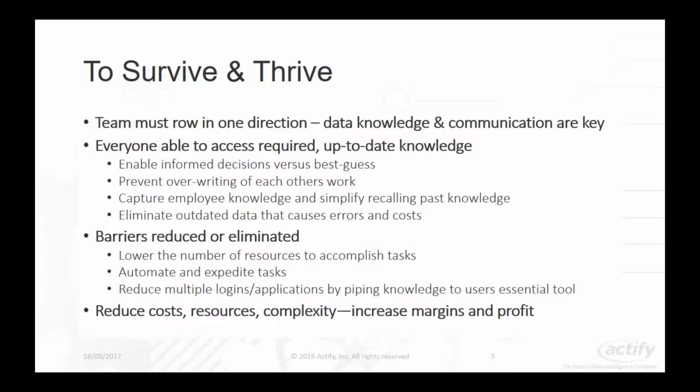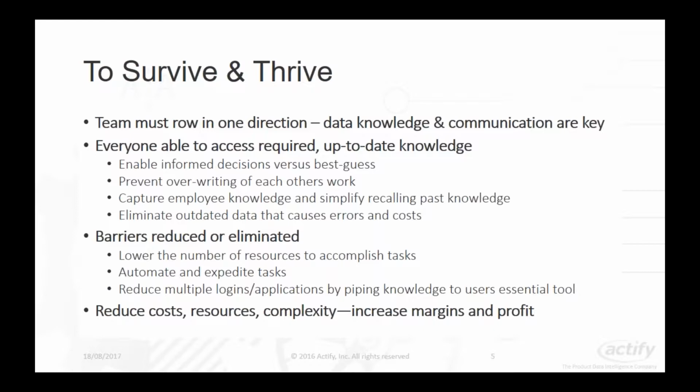How can we improve that? Well, rowing in the same direction makes a lot of sense, but if you start putting in tools that can't be shared across, which means the information can't be shared, then you're actually defeating the idea of collaboration, and you're reducing down the efficiencies.